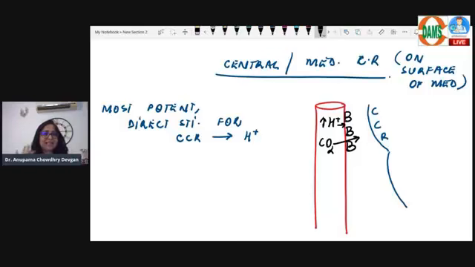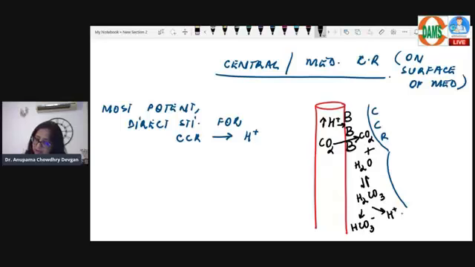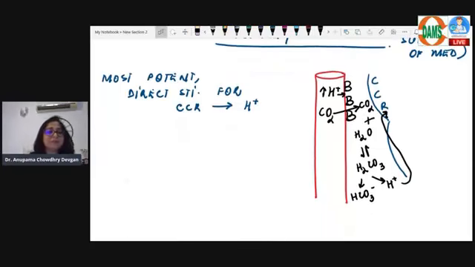CO2 is a gas. For a gas, there is no barrier. CO2 crosses the blood-brain barrier. CO2 will combine with water to form H2CO3, which splits into HCO3 minus and H plus, and this H plus will now affect the central chemoreceptors.